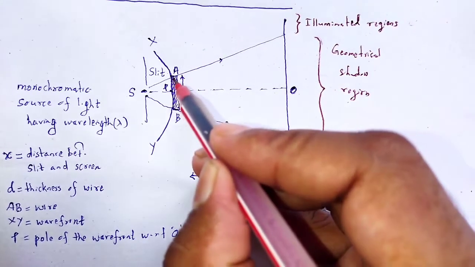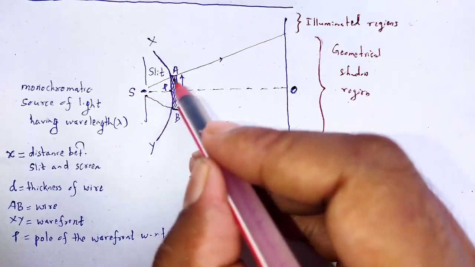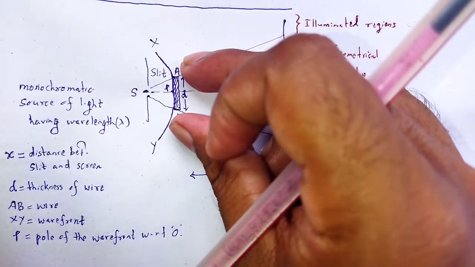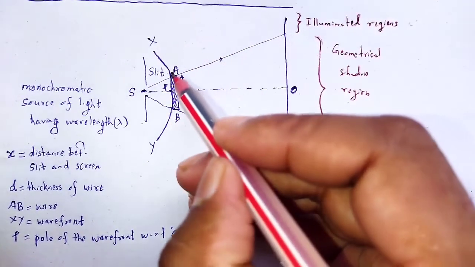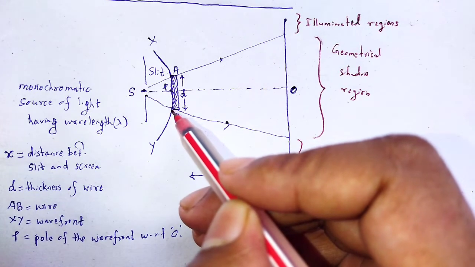Again, the wavefronts from point A and point B are the same in phase. Therefore, these two points act as coherent sources.